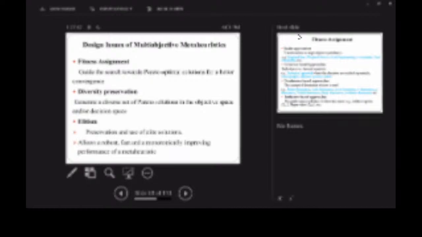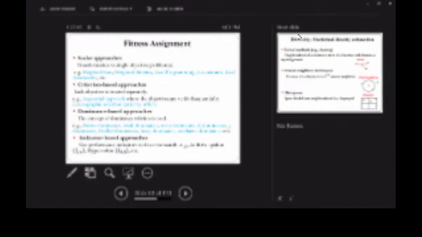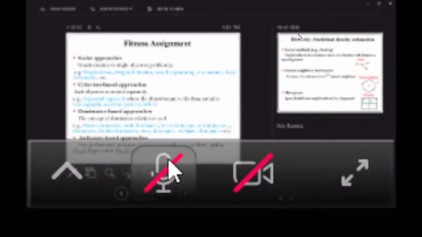Next, there are several fitness assignment strategies. Some people consider scalar approaches, that means classical approaches, because classical approaches always give you a single solution, but that solution belongs to the true Pareto front. That is important, so it is very close to the true Pareto front.